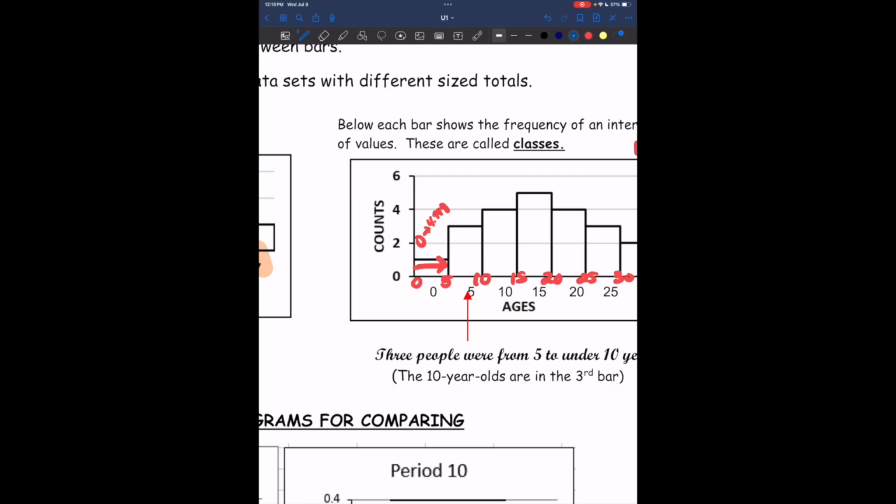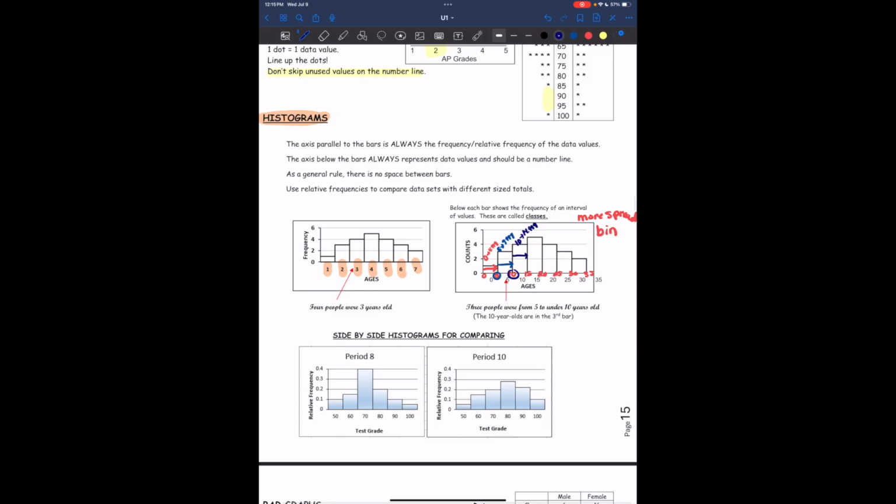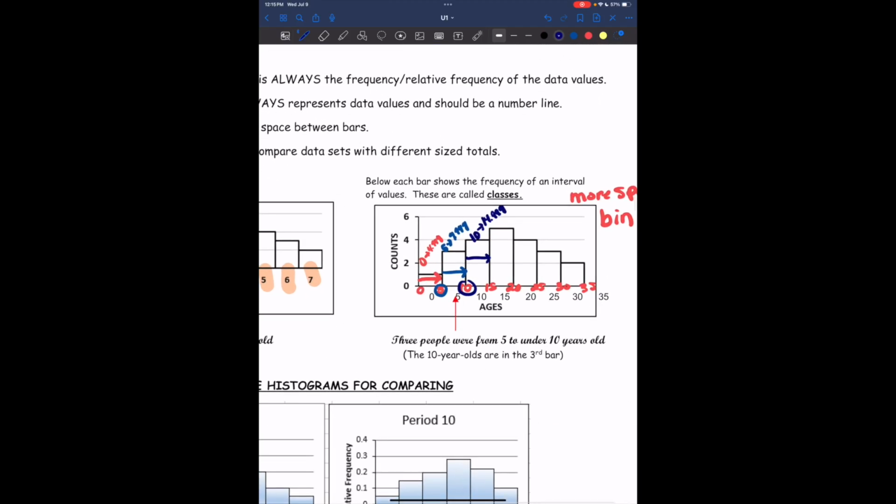And then this next one is 5 up to like 9.999, you get the point. Or this one is 10 up to 14.999. And maybe we'll just do one other one, 15 to 19.999. So those are the bins.